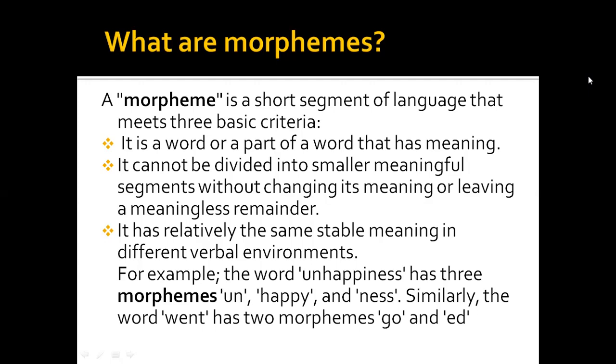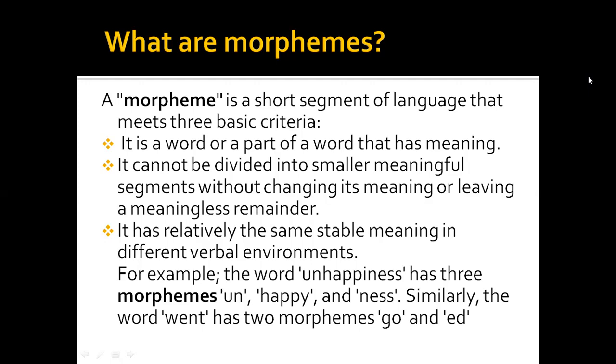What are morphemes? Now let's discuss this topic. What is a morpheme? As you know, a morpheme is a short segment of language that meets three basic criteria. To be a morpheme, some basic criteria are discussed here.